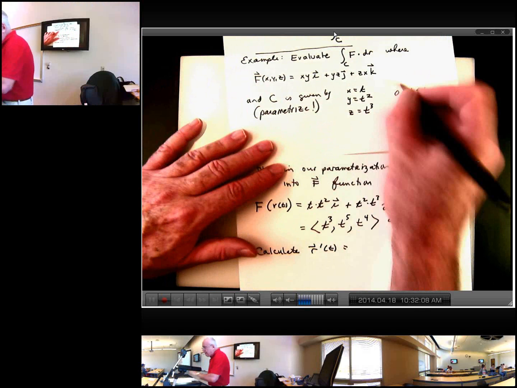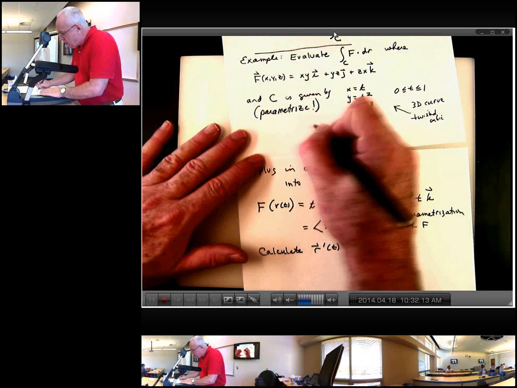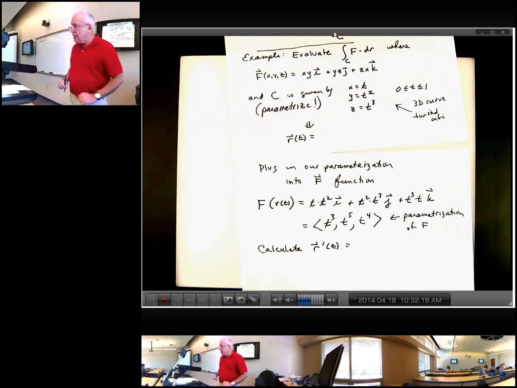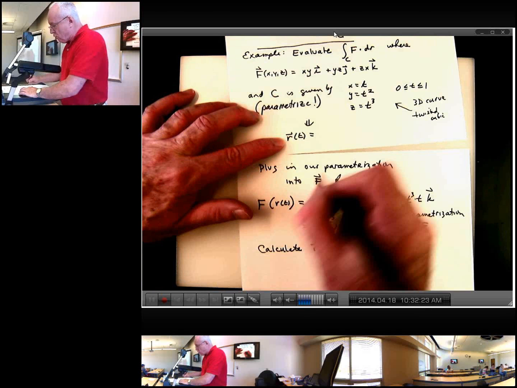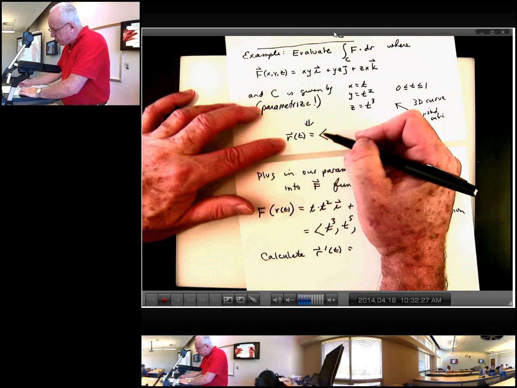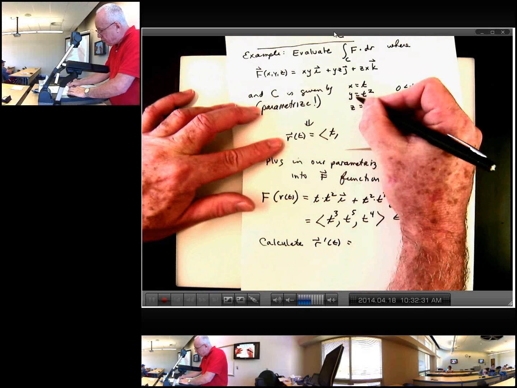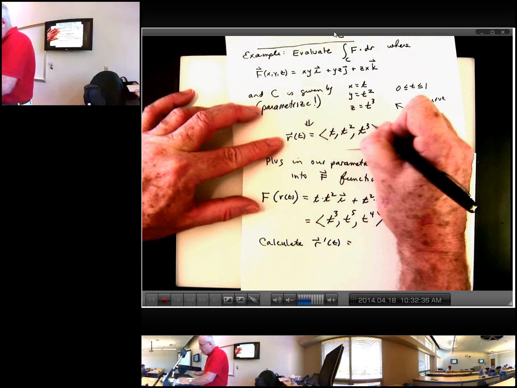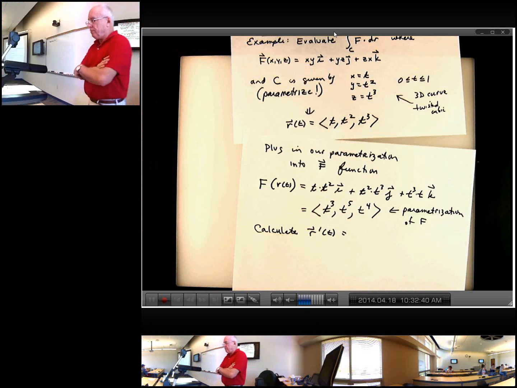We have the parameterization x, y, and z equals this. So that tells us our curve function can be written as a vector function. Let's put the components. My first component is t. My second component is y, which is t squared. My third component is t to the third power. So that's another way of representing our curve.